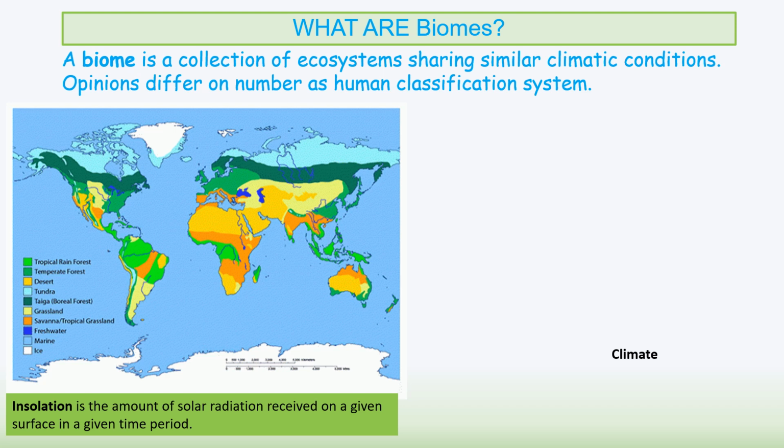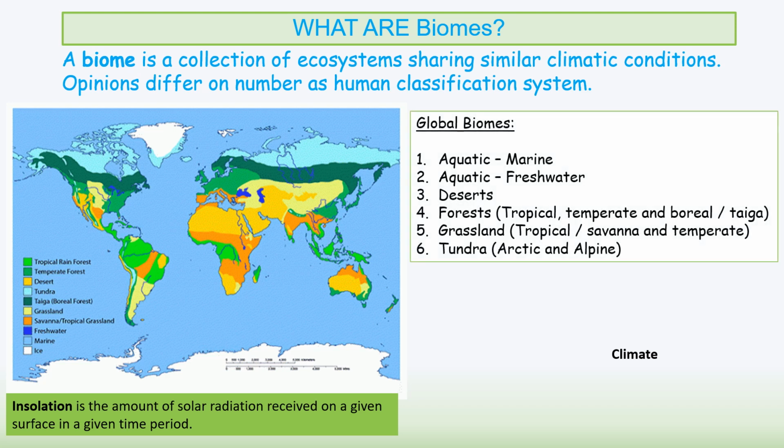A biome is a collection of ecosystems sharing similar climatic conditions, and there is a difference in opinion on what types of biomes there are, but we will stick with the following: aquatic marine, aquatic freshwater, deserts, forests, of which we do need to recognise there are different types of forests: tropical in tropical countries like the Amazon, temperate like in the UK, and boreal, which is stuff like in Alaska and places like that.